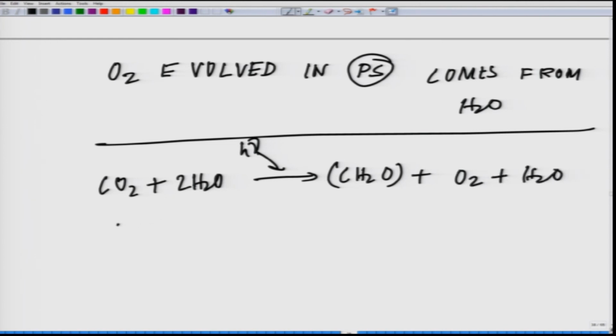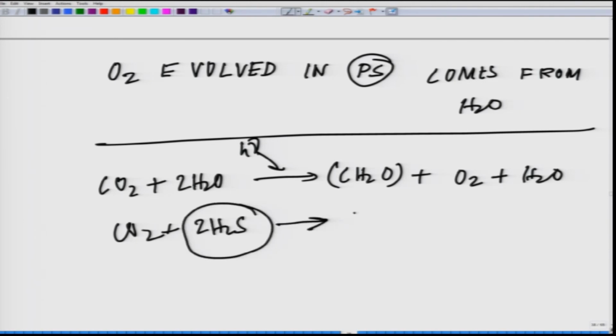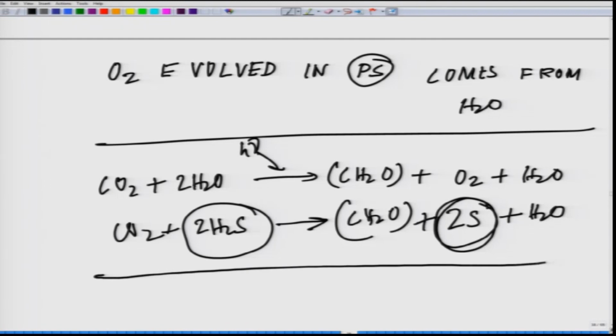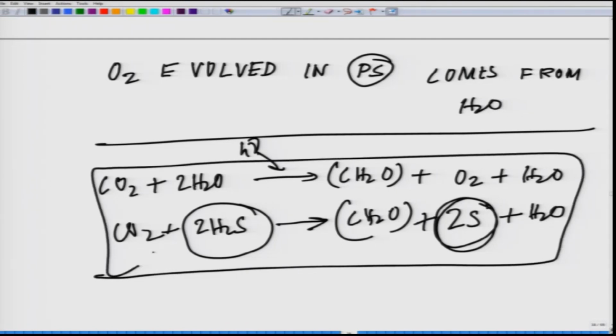Now, if you replace H2O with 2H2S, hydrogen sulfide, which I talked about earlier, what you get is CH2O, again the carbohydrate, plus 2 sulfur plus water.